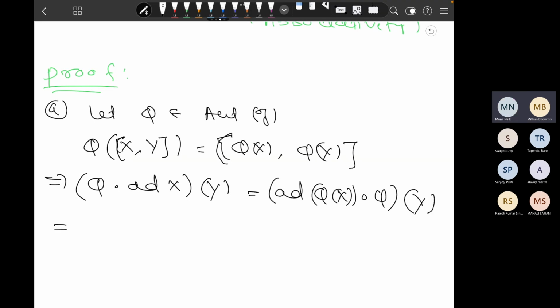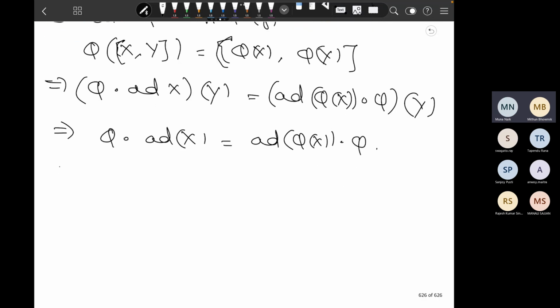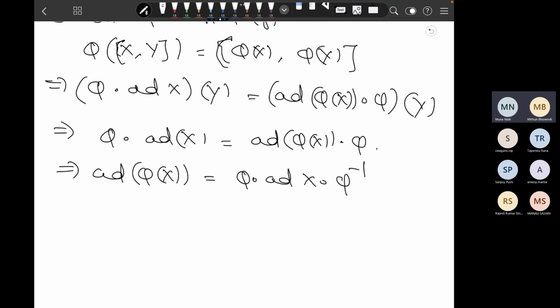Rajesh Bhaiya, is it clear? So from here you get phi composed with ad x is equal to ad phi x composed with phi. Phi is an automorphism, so this phi is an invertible map. So you will get ad of phi x is equal to phi composed with ad x composed with phi inverse. So this is a very important relation.